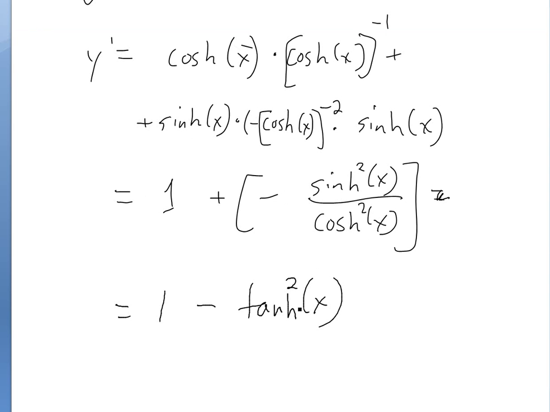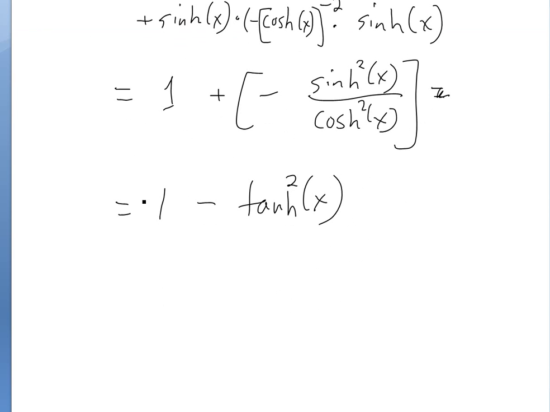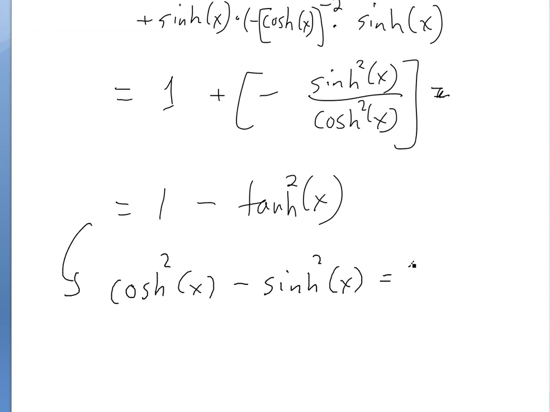Now we could further simplify this, because I showed in my other video the identity that cosh squared of x minus sinh squared of x is equal to 1.